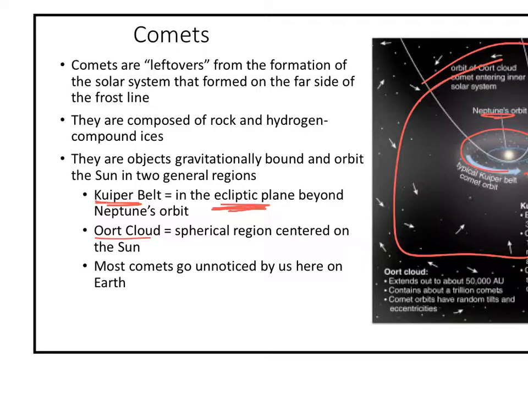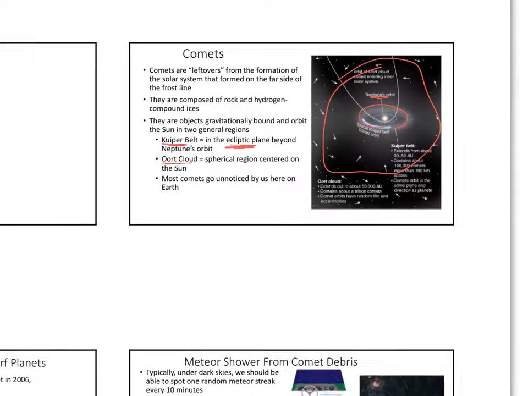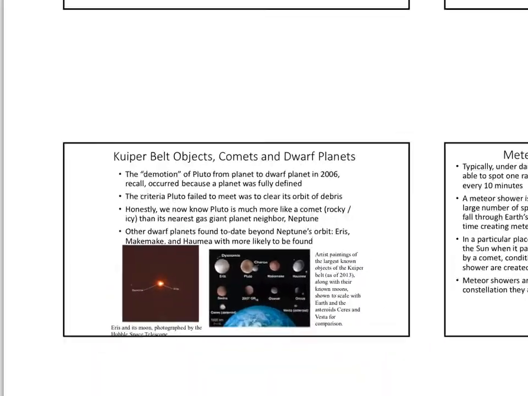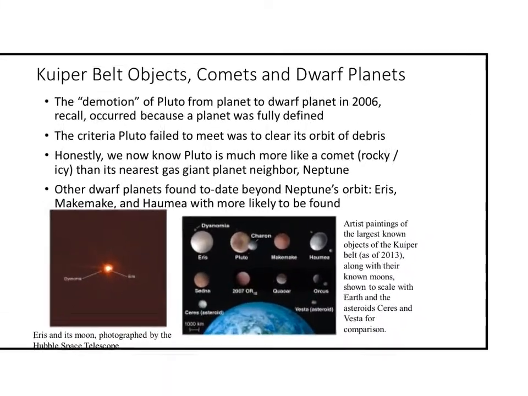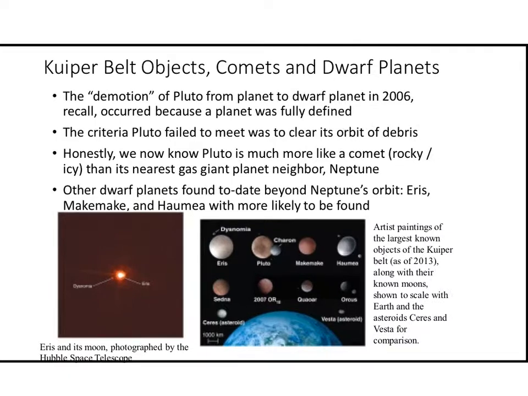Let's see. Demotion of Pluto, right? As it turns out, if you look at the true planets in our solar system, beginning with Jupiter, Saturn, Uranus, and Neptune, they are these gas giants, and then you get to Pluto. And Pluto is definitely much more like a comet than it is a planet.